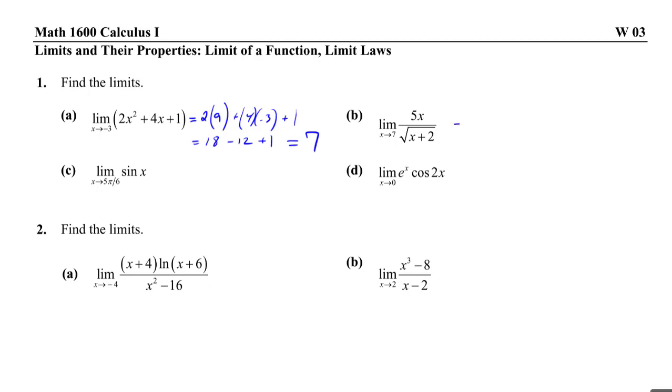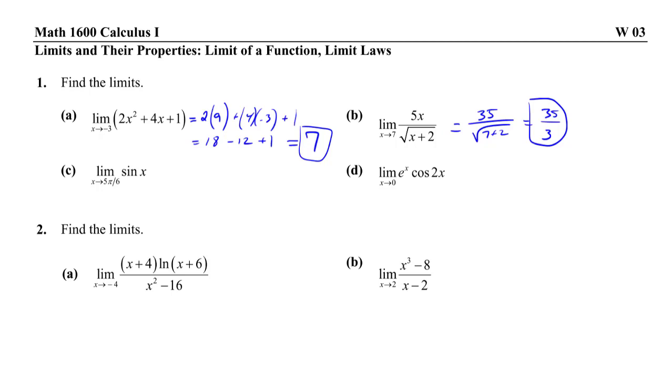Over here, all right, limit as x approaches 7 of 5x over square root x plus 2. Again, let's try plugging it in. All right, plugging in 7, 5 times 7 is 35 over the square root of 7 plus 2. So that's 35 over the square root of 9 is 3. And so we get 35 over 3.